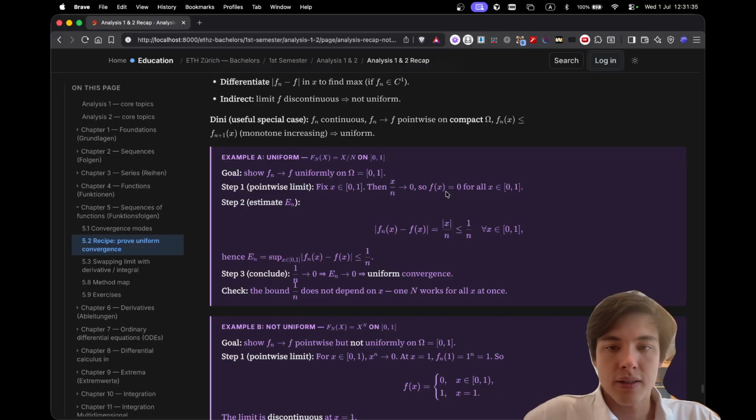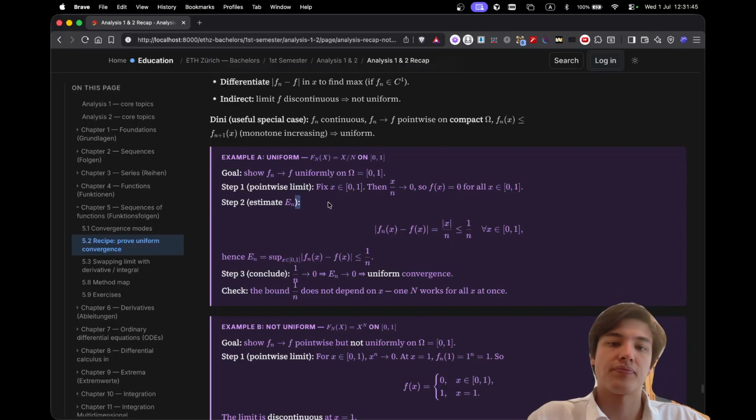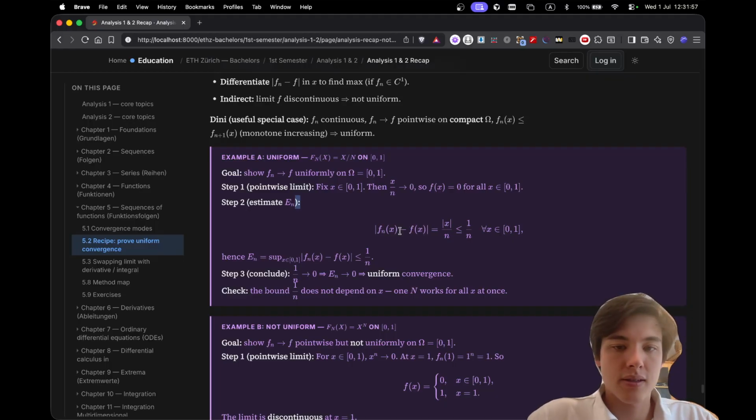So f of x equals 0 for all x between 0 and 1. What do we have here? f_n minus f of x, estimated.